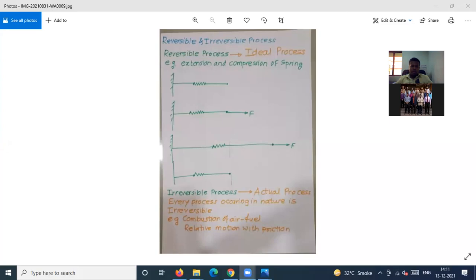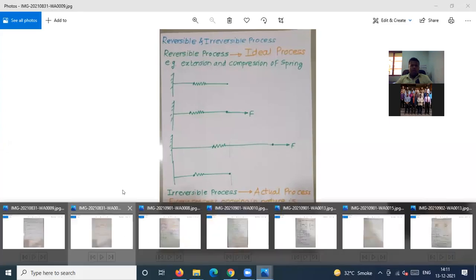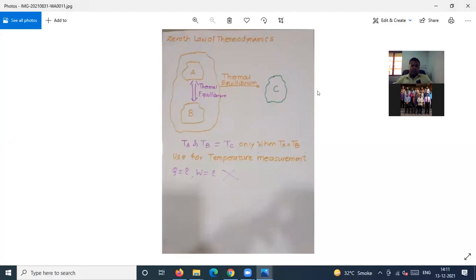Okay. So now let us move to the next point, which is the zeroth law of thermodynamics. You have already studied this law in the diploma course. So what does the zeroth law of thermodynamics say?